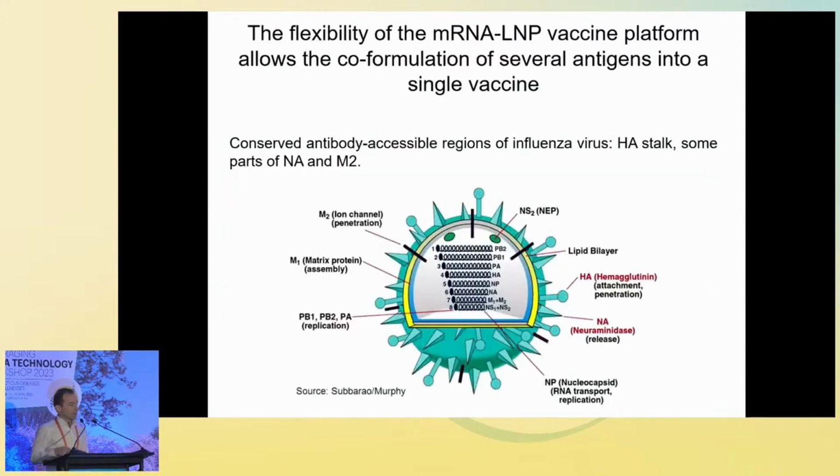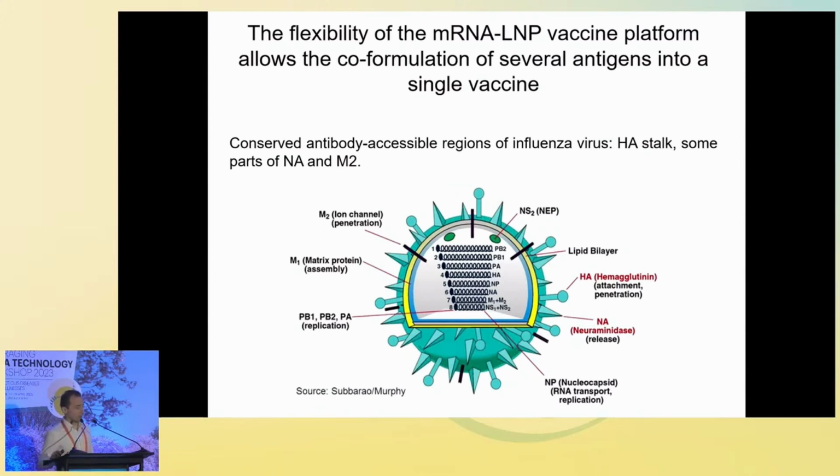vaccines. The messenger RNA lipid nanoparticle vaccine platform has many advantages. I think one of the most important advantages of this platform is the extreme, enormous flexibility that allows for the formulation of more than one antigen encoding messenger RNAs into the same lipid nanoparticle vaccine.